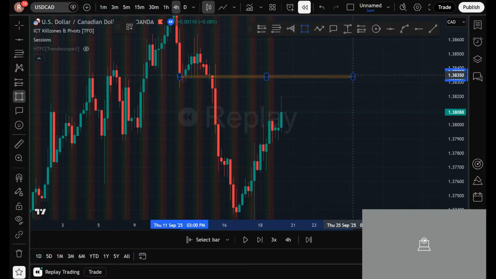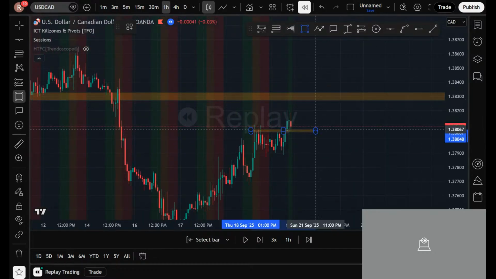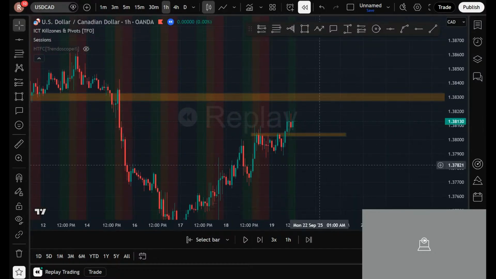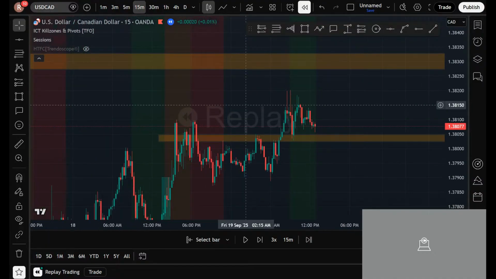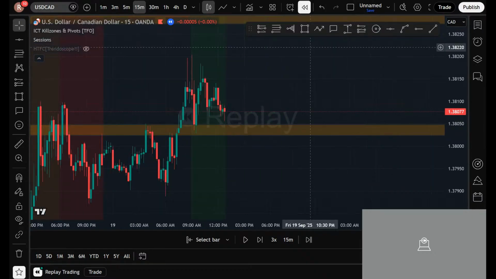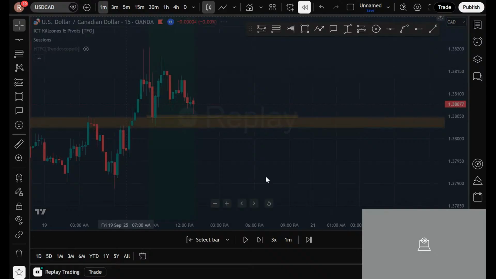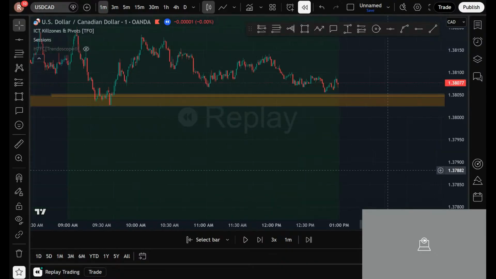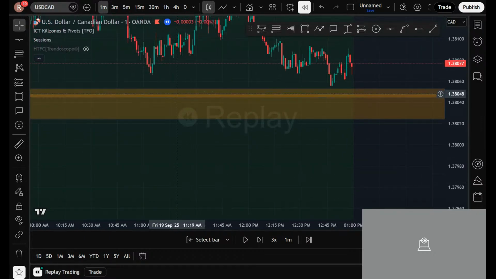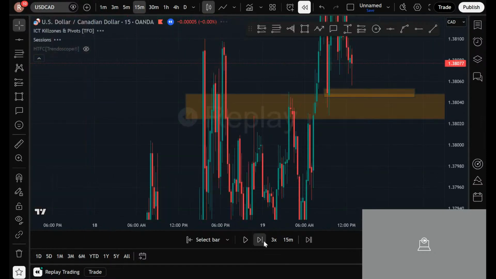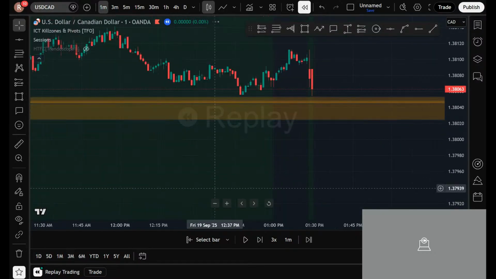So let's get a selling area here. This area is the area to buy. Yeah, this is the area to buy.